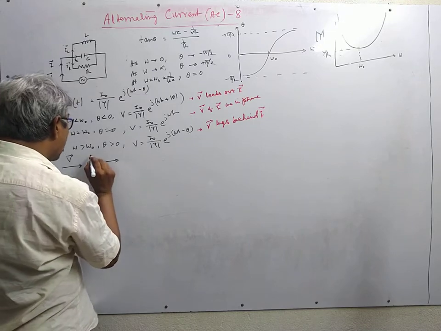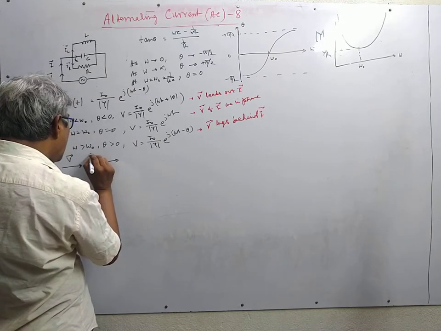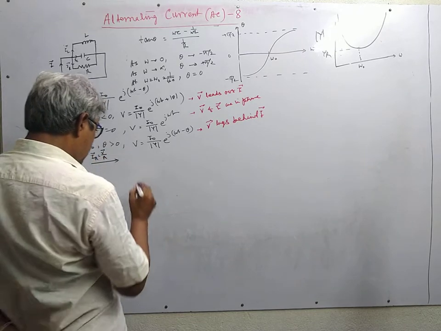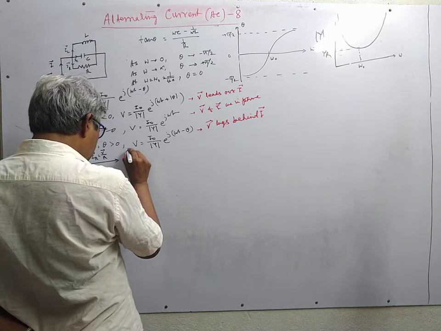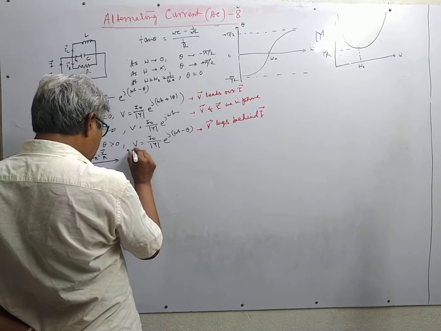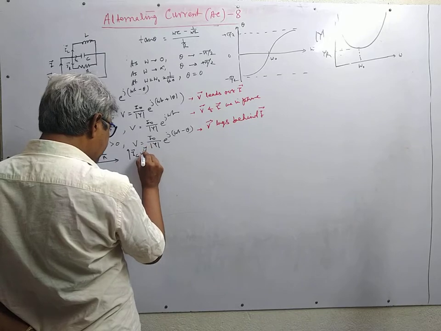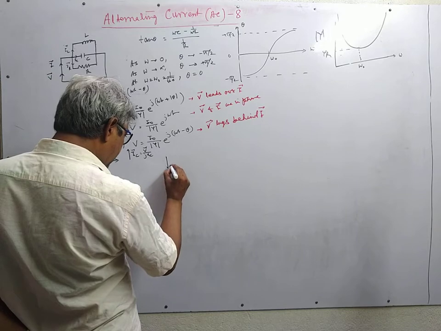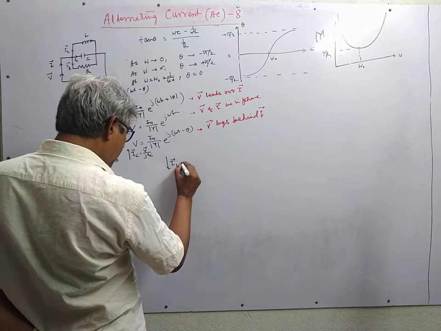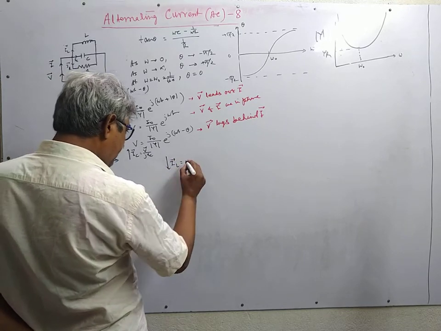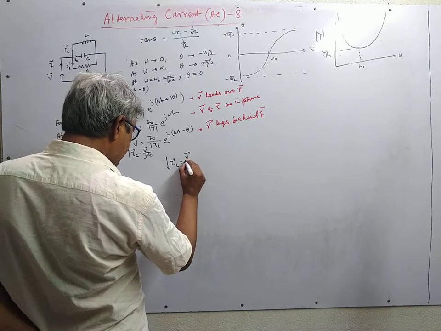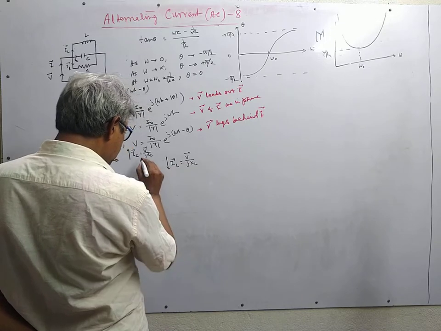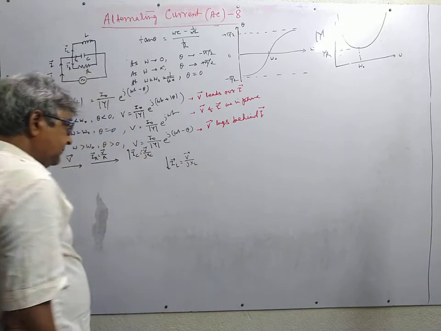So this is IR. This is IC, IC is V phasor by jXC, and this is IL phasor is equal to V phasor by, here will be a minus sign.